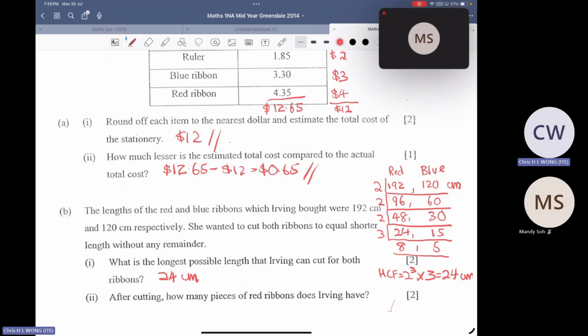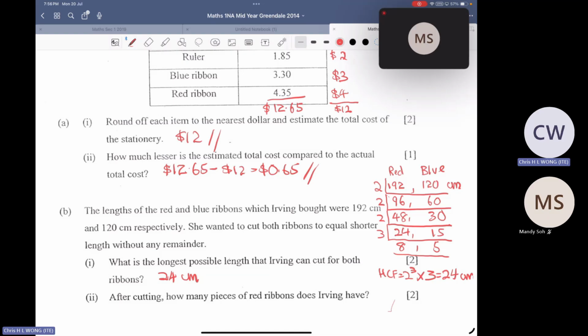Okay, next question. How many red pieces can he cut? Red. How many? 8. That's all there. Yeah. 8. How many blue ribbon can he cut? 5. How many can he cut all together? 8 plus 5, 13 pieces of 24 cm length. Yeah.